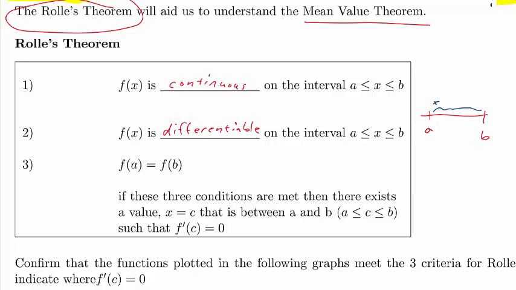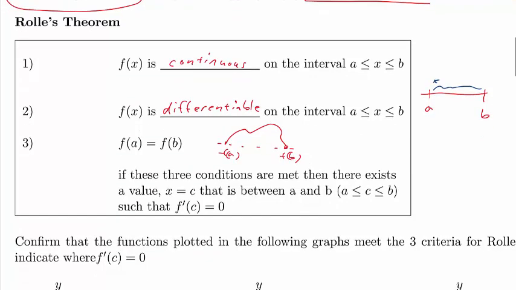So a graph of a differentiable function will be smooth. Our third condition is that the endpoints f of a must equal f of b. So whatever your function is at, the y value, it's got to end at that same point.